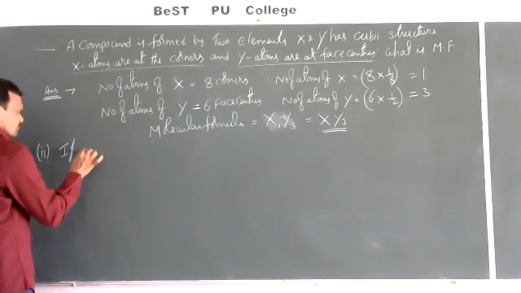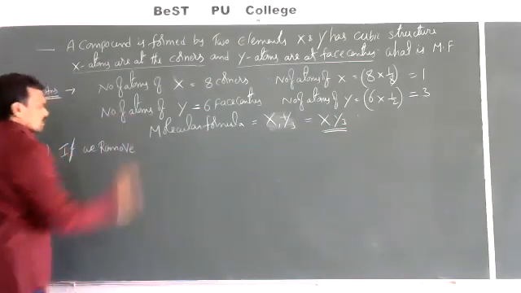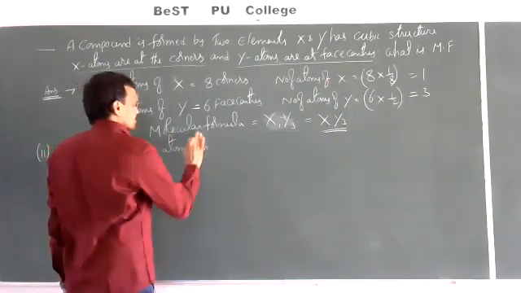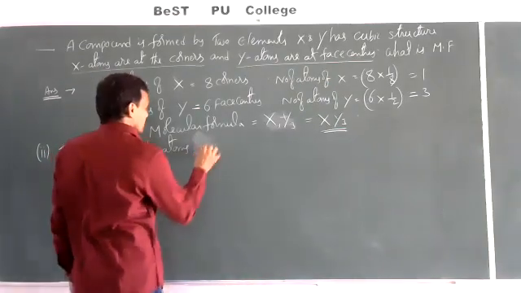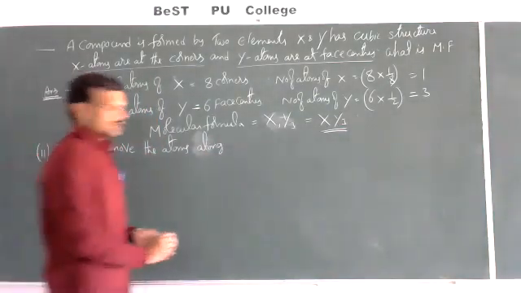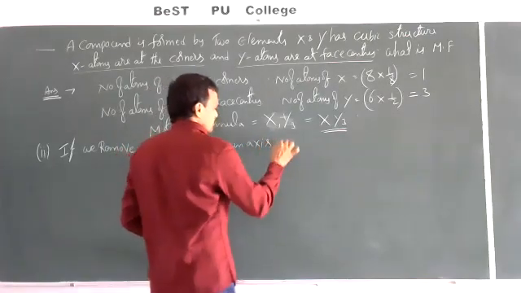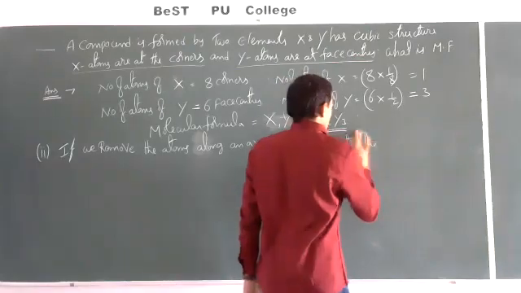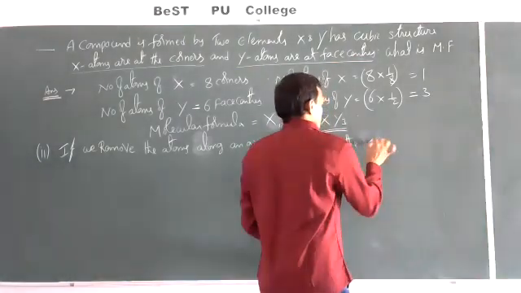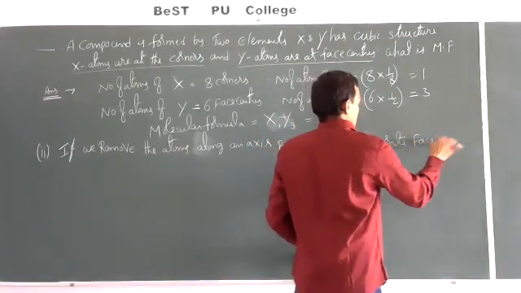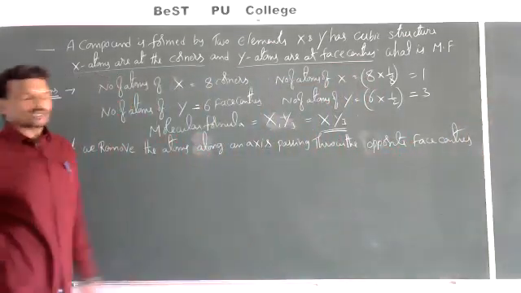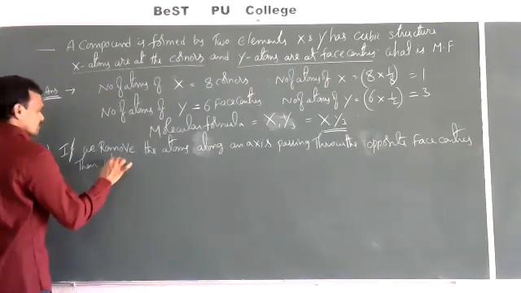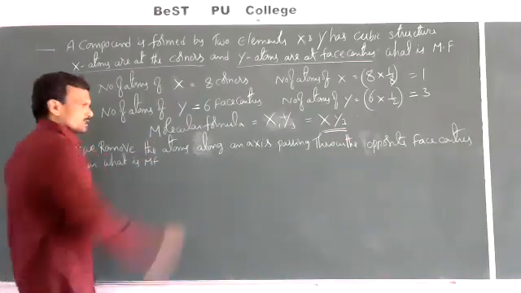So if we remove the atoms along an axis passing through the opposite face centers, then what is the molecular formula? This is my question right now.